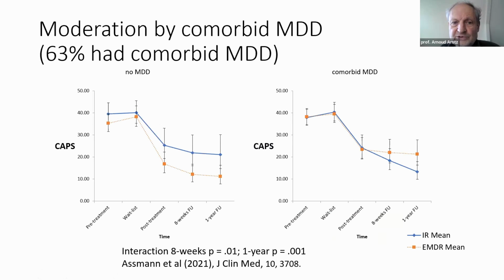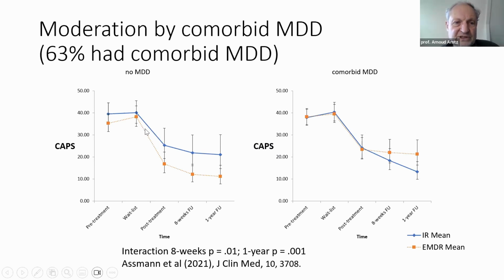So almost 2/3 of the sample is also suffering from a clinical depression. What you see is that with this comorbid depression, in the longer term, imagery scripting had better effects than EMDR. It's not an immediate effect, it grows with time. Very interesting. Without further treatment, you get this further improvement with imagery scripting.